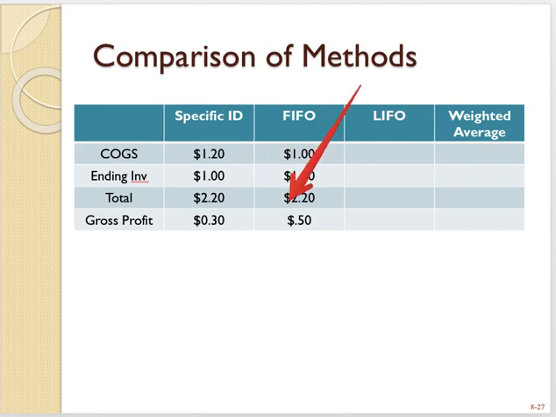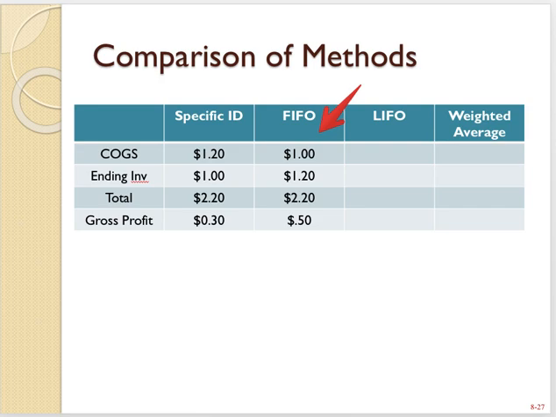And under all of these scenarios, the amount available for sale is going to be the same. The difference is how we figure out, well, which was the ones we sold and which is the ones that remain in inventory. And then you see here that our gross profit is different. Now it's 50 cents instead of the 30 cents it was under specific identification. Okay, so you see here that a lot of the numbers have changed under this different assumption.